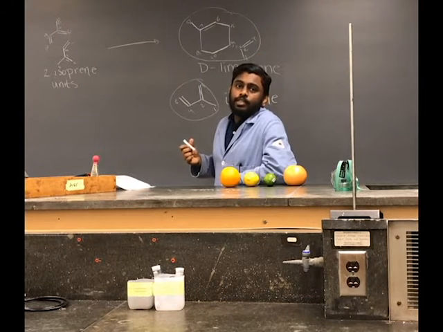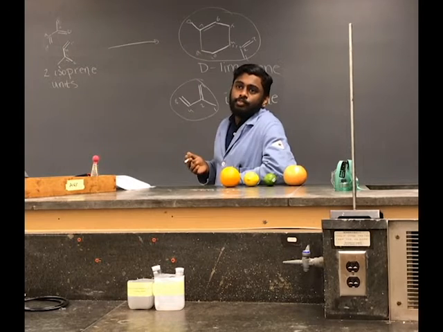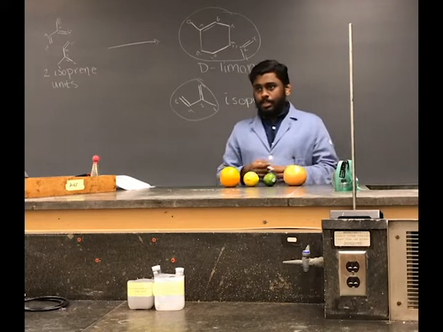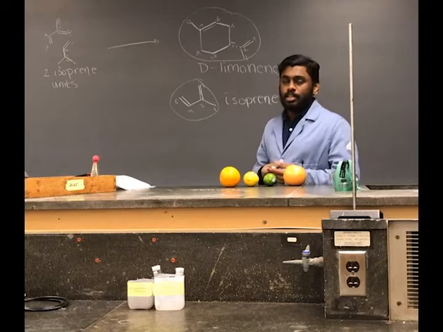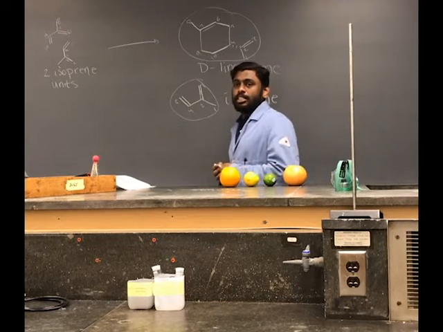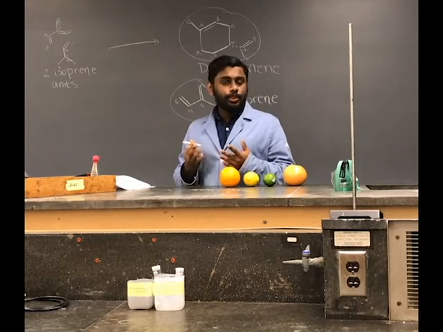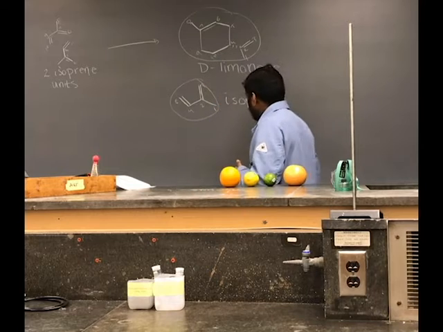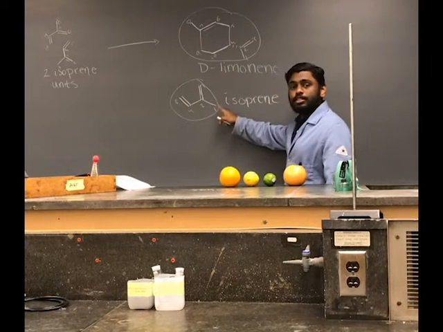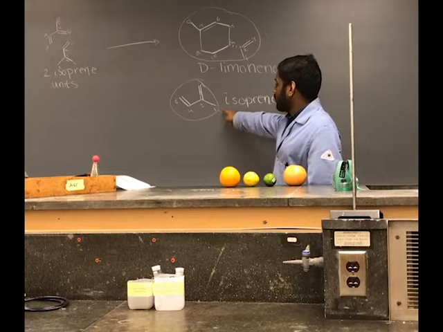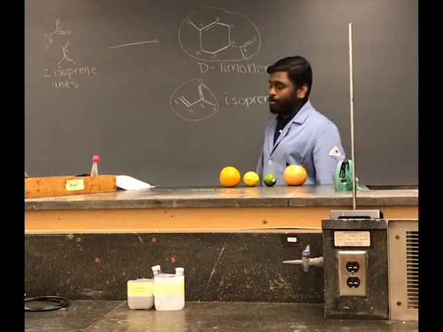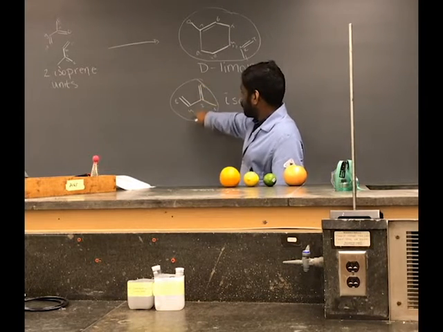It's a type of terpene. Now, you may be wondering, what's a terpene? Terpenes are a class of natural products which are biosynthesized by the assembly of isoprene units. Here, this is an isoprene unit. It's a 5-carbon moiety: 1, 2, 3, 4, 5.